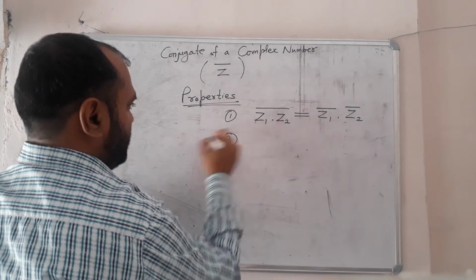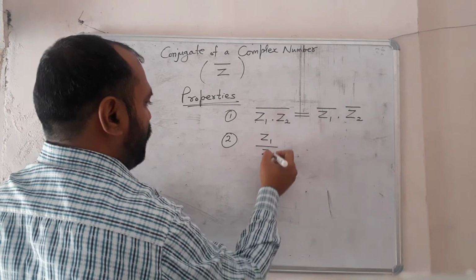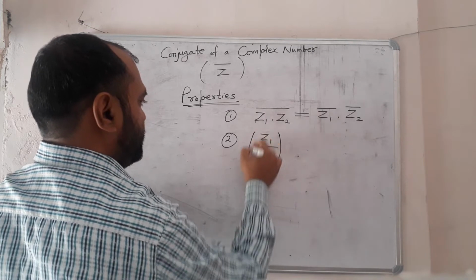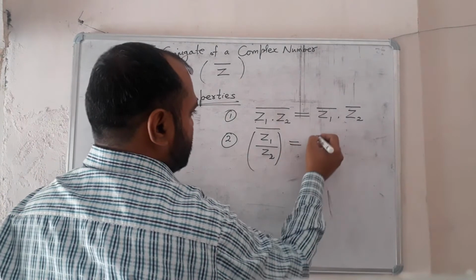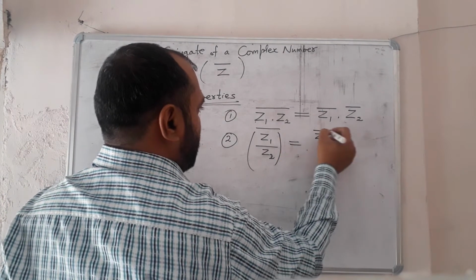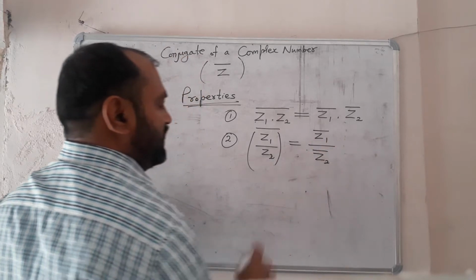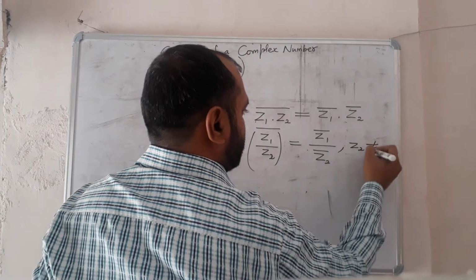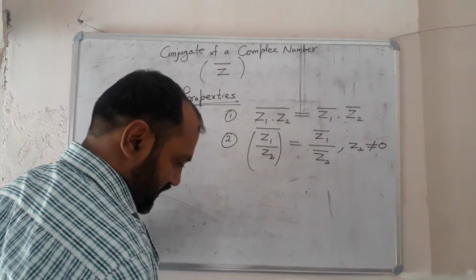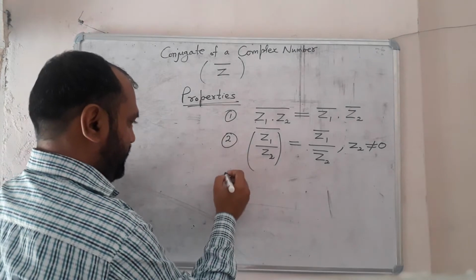Second, Z1 over Z2 whole bar is always equal to Z1 bar over Z2 bar, provided Z2 is not equal to 0. This is the second property of the conjugate.